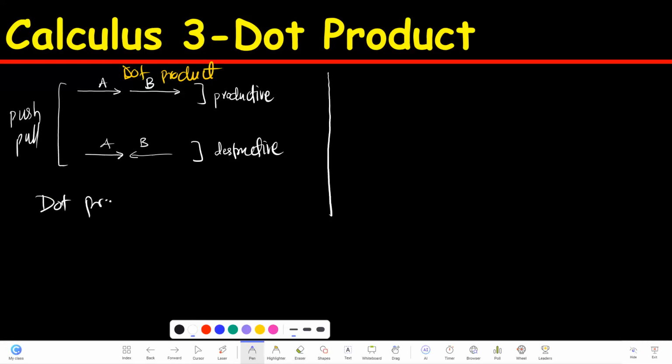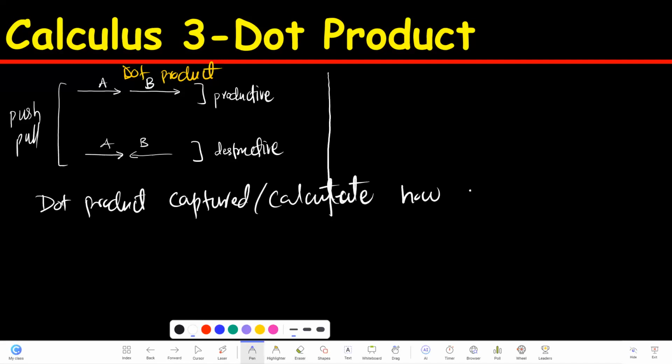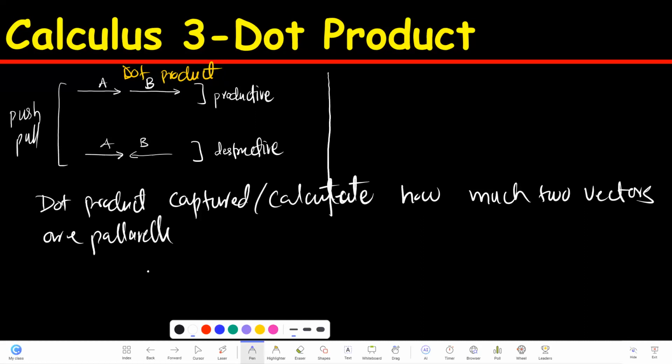Dot product captures or calculates how much two vectors are parallel, right?